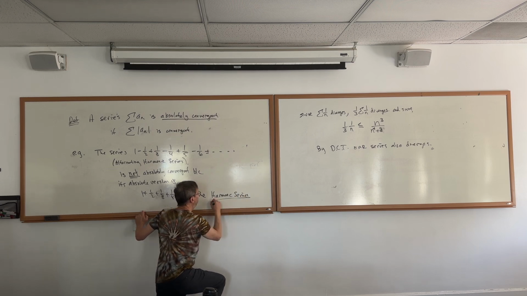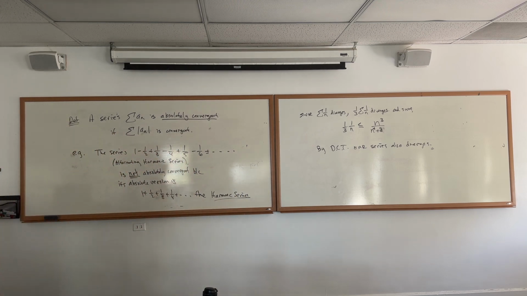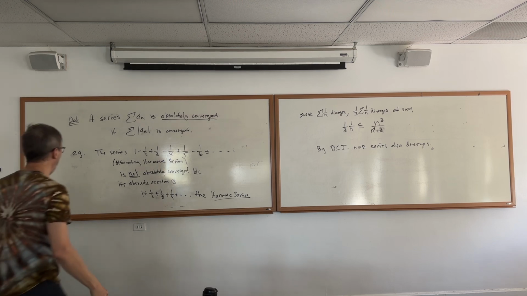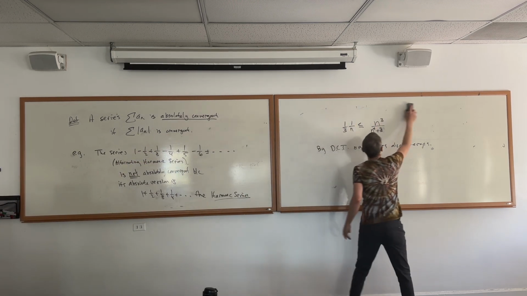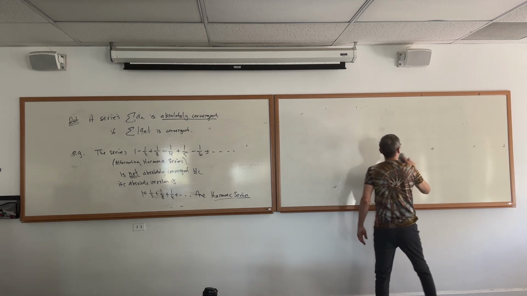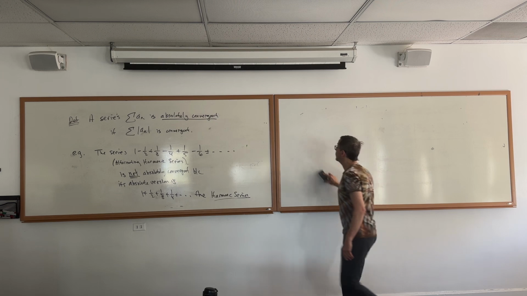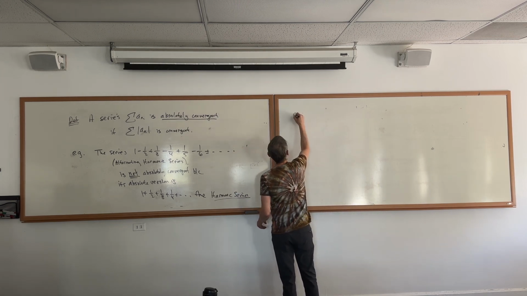Now I kind of feel like I want to show you one more proof that the harmonic series diverges, just because we understand the comparison test now, and this will be great. This is a cool way to see it. I think I showed you with the integral test last time, but this is a much more intuitive way.